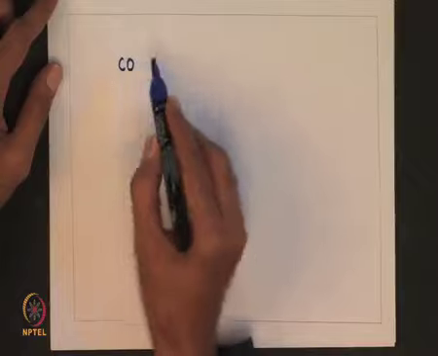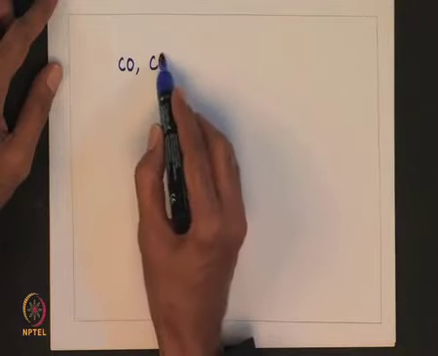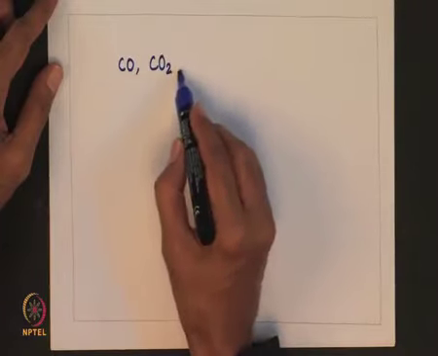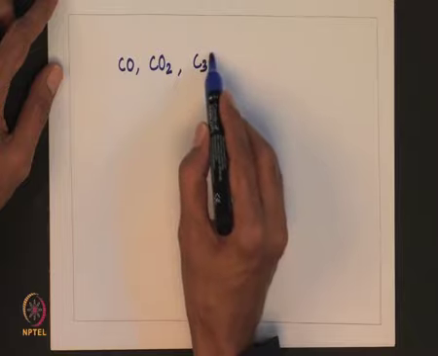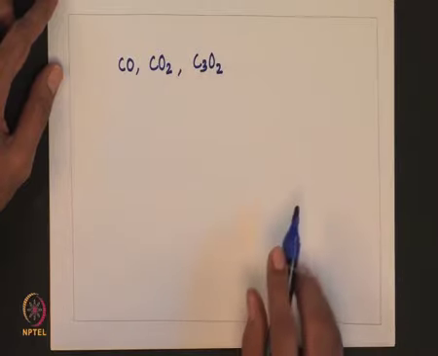Let us look into the different types of oxides we come across. In case of carbon, we have CO, CO2, and also another one called C3O2. This is called carbon suboxide.